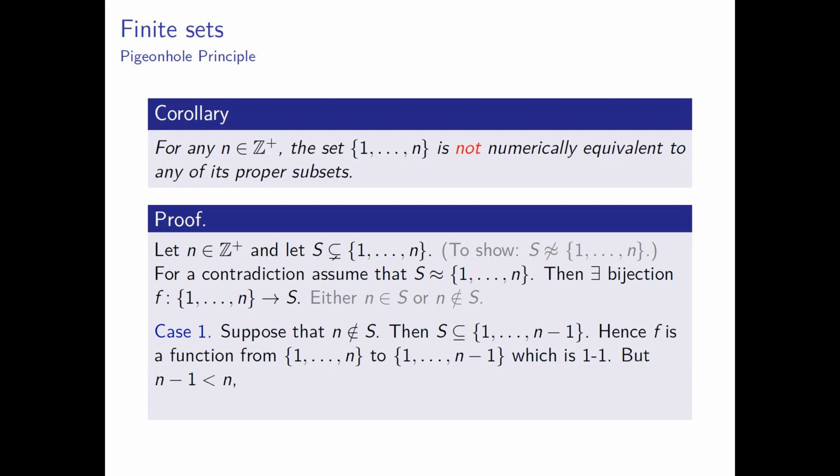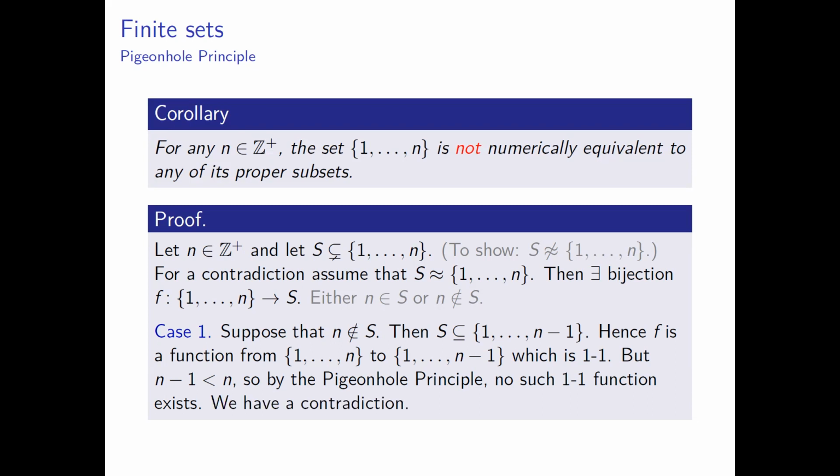But the number n minus 1 is less than n. So by the pigeonhole principle, there is no 1-to-1 function from the set of integers from 1 to n to the set of integers from 1 to n minus 1. Thus, we have a contradiction. Therefore, S is not numerically equivalent to the set of integers from 1 to n.